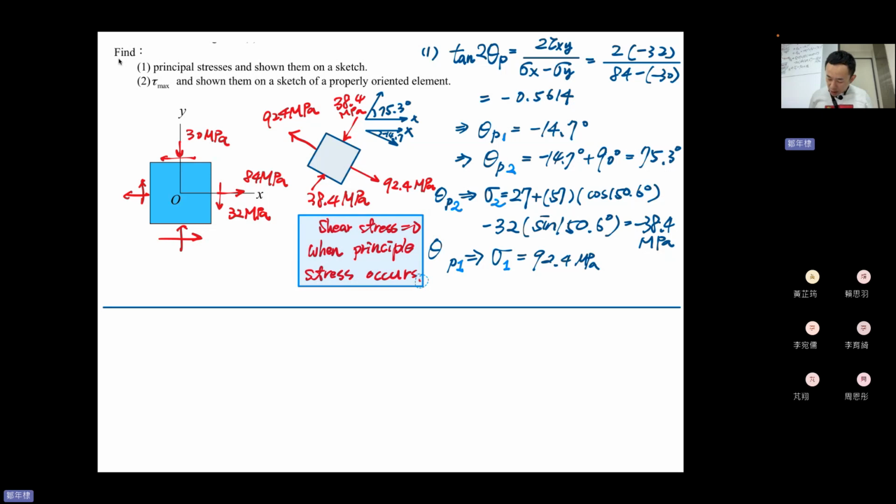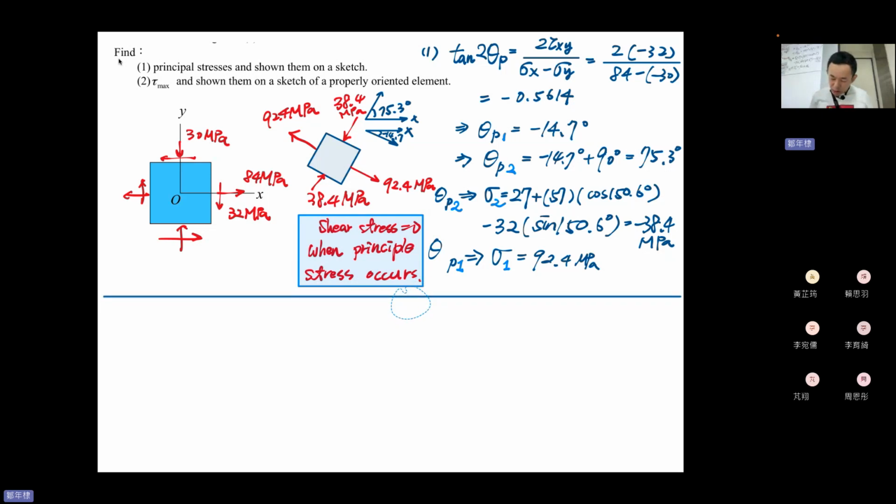Okay, then we are going to do the second one. Where's tau max? For tau max, we need to get theta s, right? Theta s equals theta p plus or minus 45, right? So theta s can be 30.3.